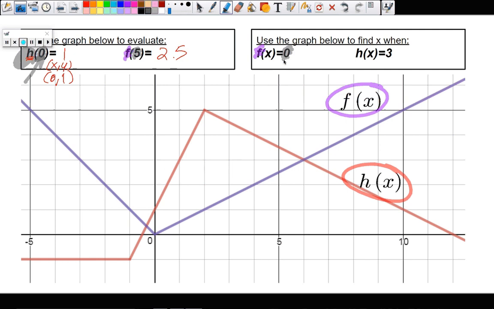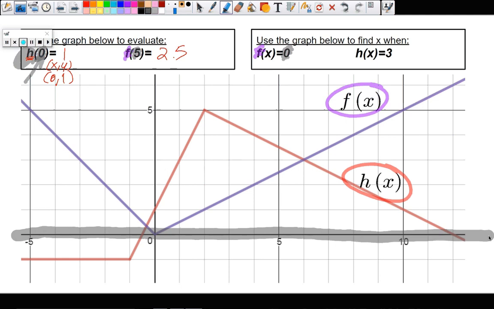So on f, when y is equal to 0, it's this big old huge horizontal line. Where on the f graph does it hit and touch that line, intersect? At 0. When x is equal to 0. Go with me? Not f of x equals 0. F of x equals 0 is an output value. X equals 0 is an input value.